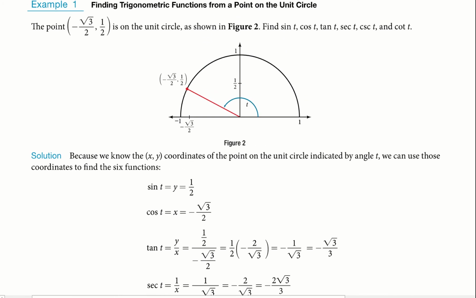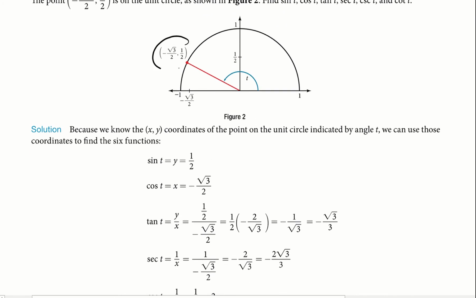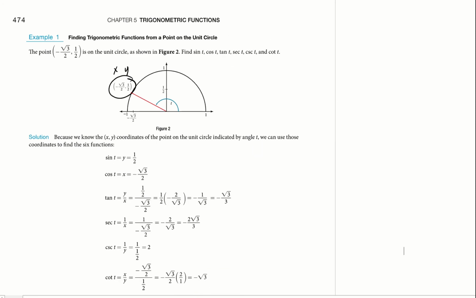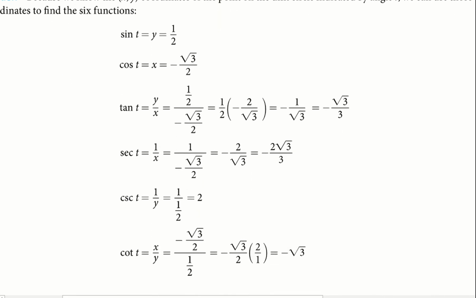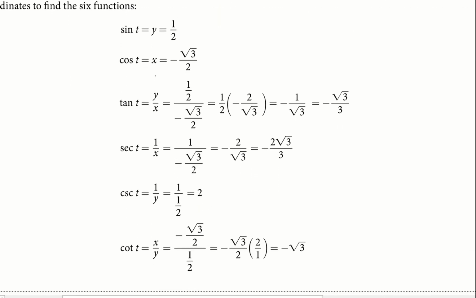So what we can do is, using x and y, that's sine and cosine, we can actually make these. There we go. So our y was half, our x was negative root 3 over 2. Notice that for tangent, we just put y over x and we simplified.